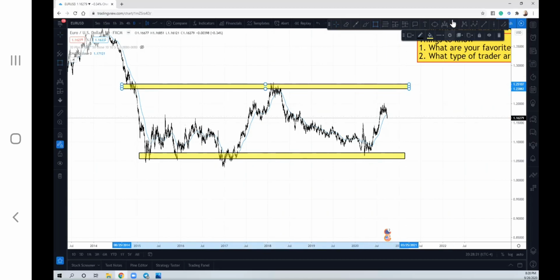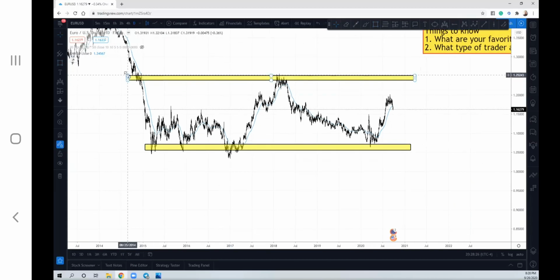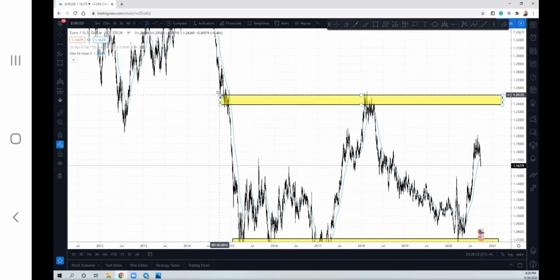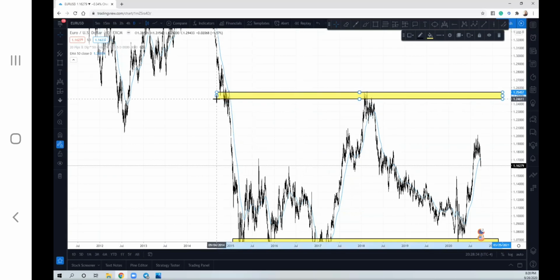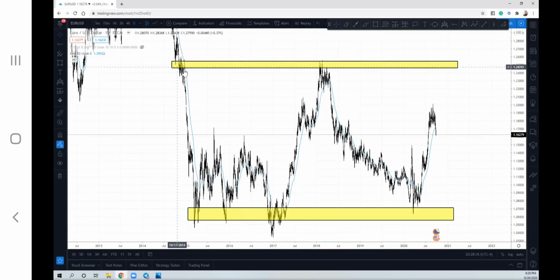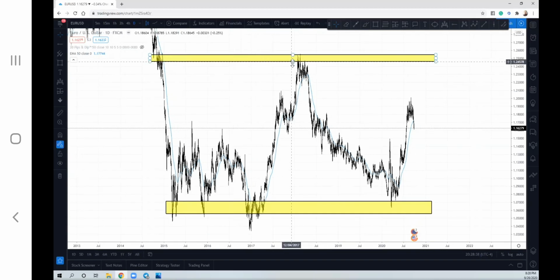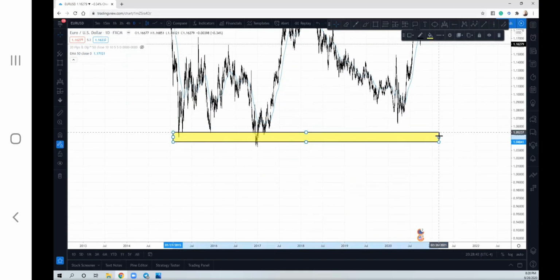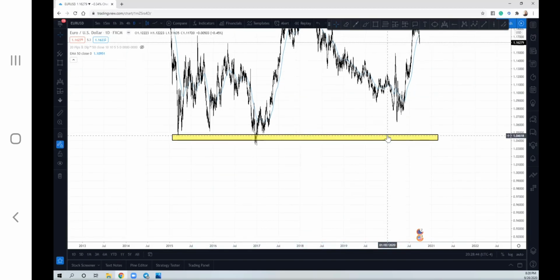You may have been taught to use a horizontal line, which is fine. I like to use the boxes because it gives me an area which I can work with when it comes to these candles. And as I go down time frames, I will adjust these to kind of redefine my areas. As I zoom in, I can kind of squish them down, so on and so forth.